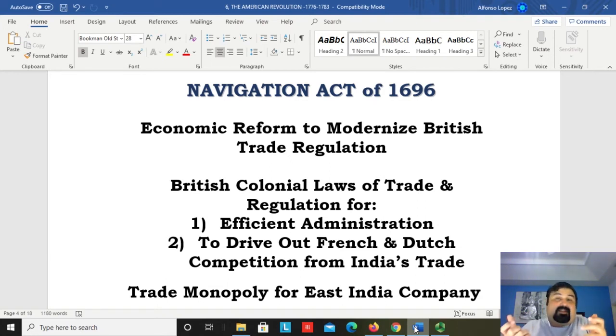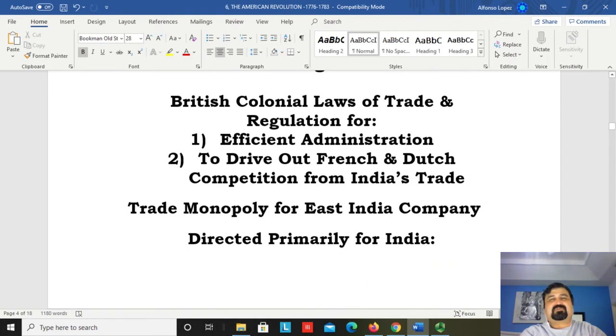But it is in 1696 that they're upgrading their system of administration by introducing, of course, certain changes, okay, that are going to now serve the British to monitor more closely, supervise more closely, and enforce their laws of trade. They want a more efficient administration.